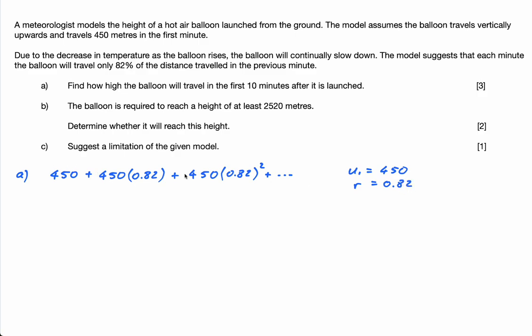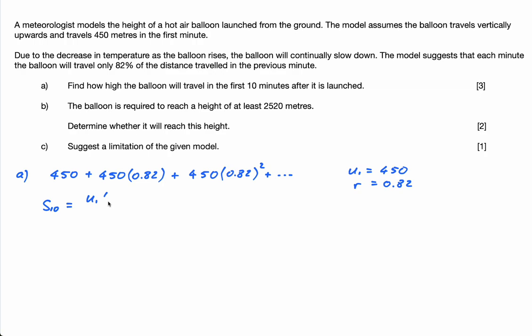Now I like to write out the geometric sequence, guys, once you know it's a geometric sequence. So how high the balloon will travel in the first 10 minutes, it's the sum of the first 10 terms. So the sum of a geometric sequence is, let me write out the formula.